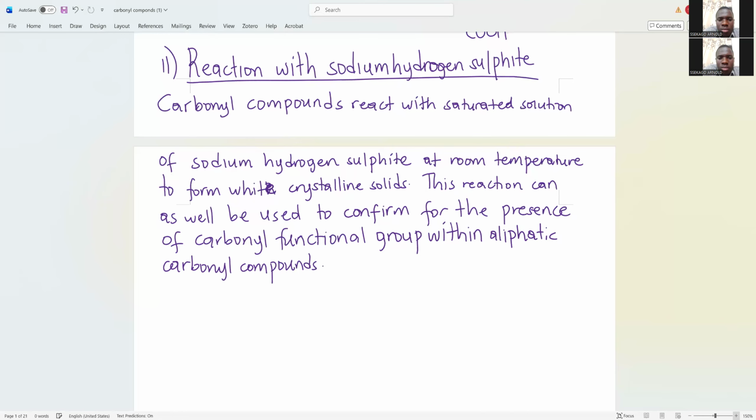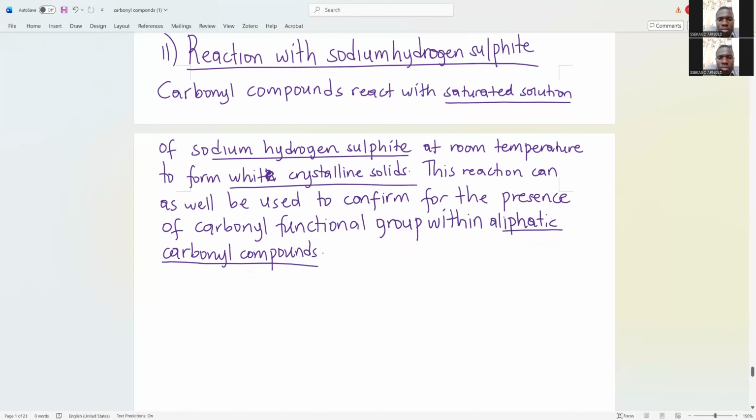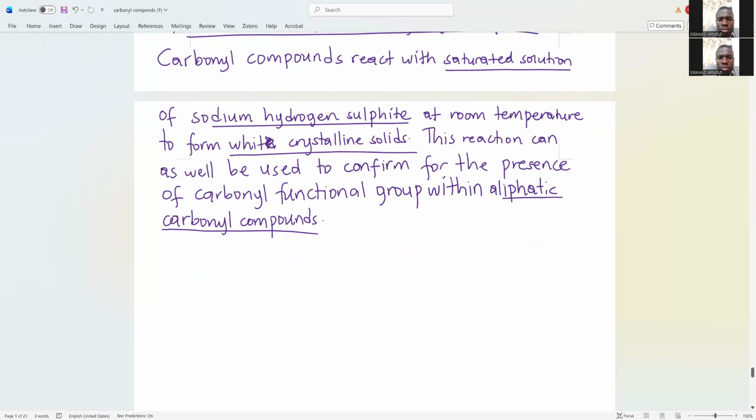So meaning that when aliphatic carbonyl compounds are treated with saturated solution of sodium hydrogen sulfide, the observation is white precipitate. I take note of that. Saturated sodium hydrogen sulfide solution can also be used to confirm for the presence of carbonyl functional group within aliphatic carbonyl compounds. Below is the reaction mechanism.